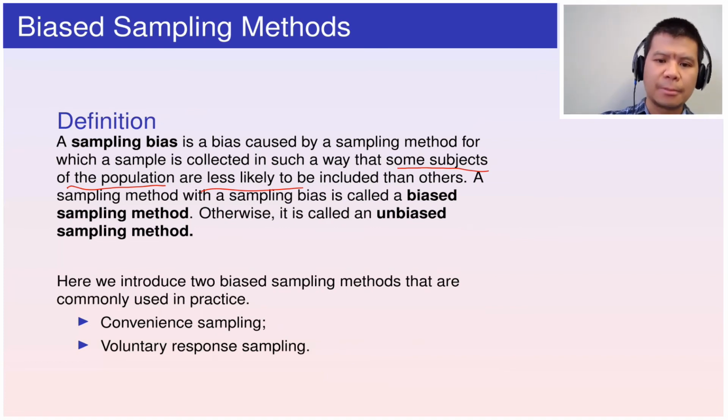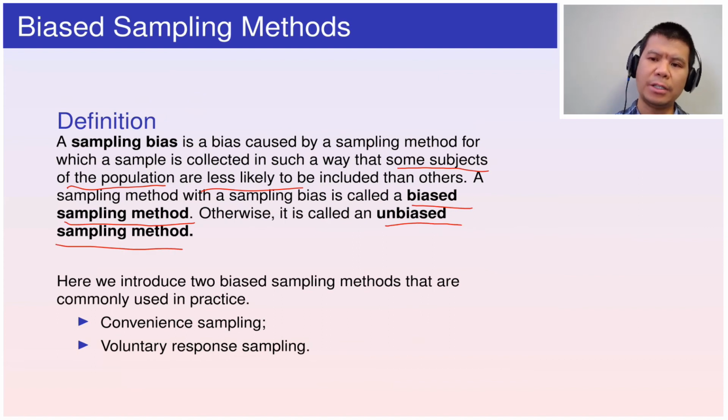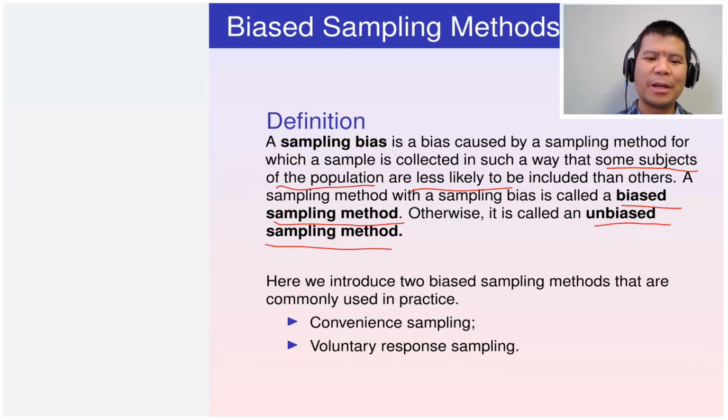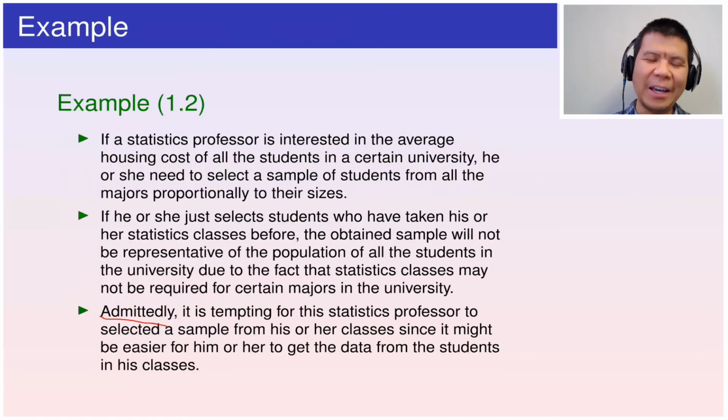A sampling method with a sampling bias is called a biased sampling method. Otherwise, it is called an unbiased sampling method. Of course, the statistics professor in the previous example uses a biased sampling method, because it leads to a sampling bias.